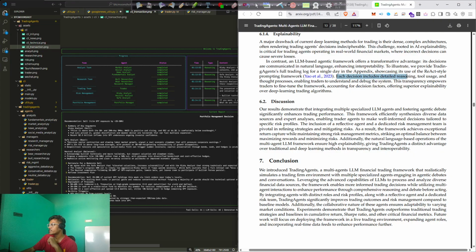So each decision includes detailed reasoning, tool uses, and thought processes that we just saw, right? Enabling traders to understand and debug the system. This transparency empowers traders to fine tune the framework, accounting for decision factors, offering superior explainability over deep learning trading algorithms. This is so true, guys. I'm telling you, once you can explain the model in deep learning, it's so much more transparent what's going on in its thinking process.